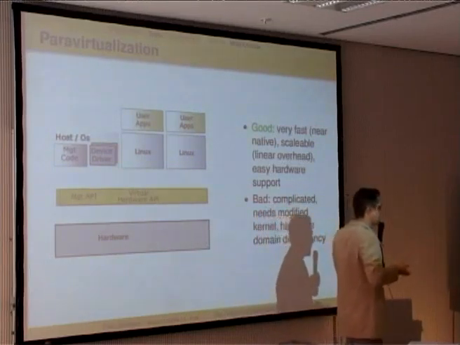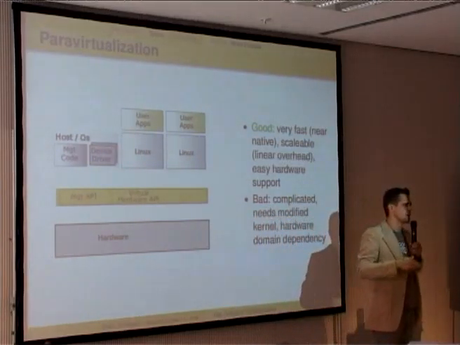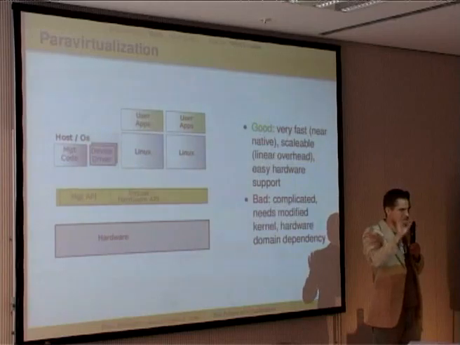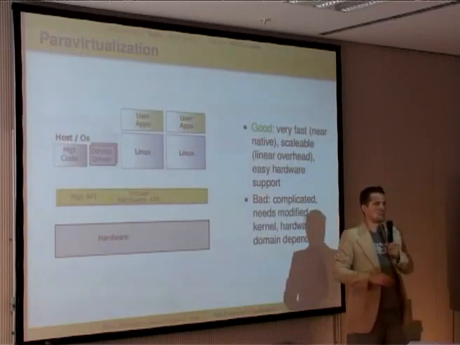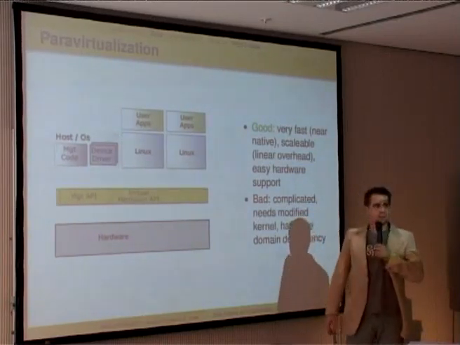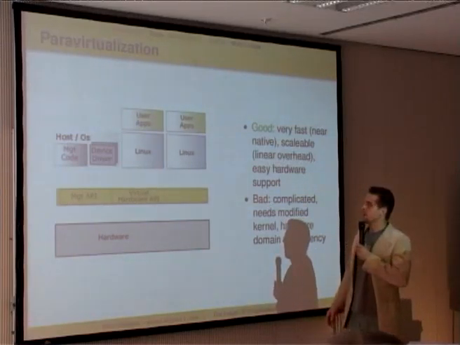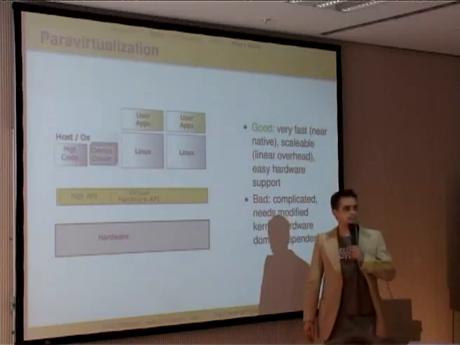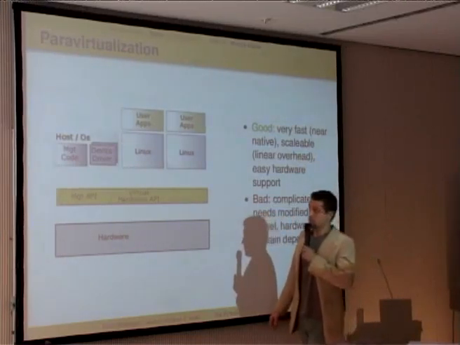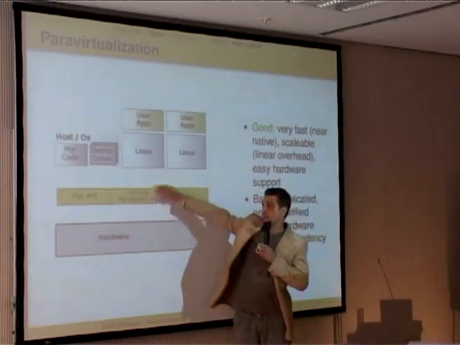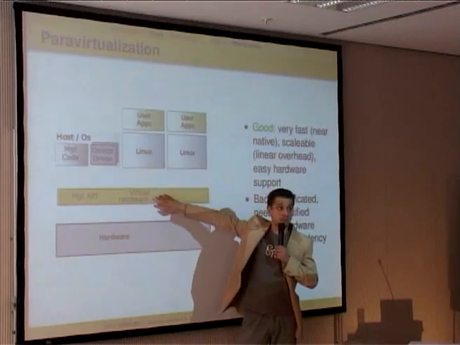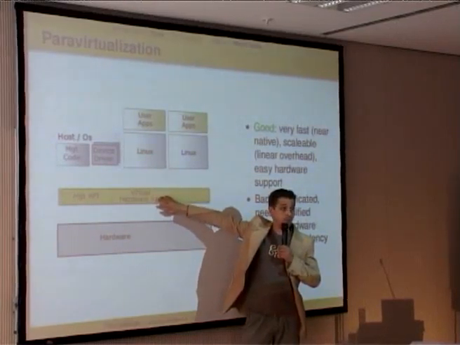No, we change the operating system, just in small pieces. So basically we want an ideal hardware where every single access to the hardware is going to a management API in the monitor, in the virtual machine monitor.